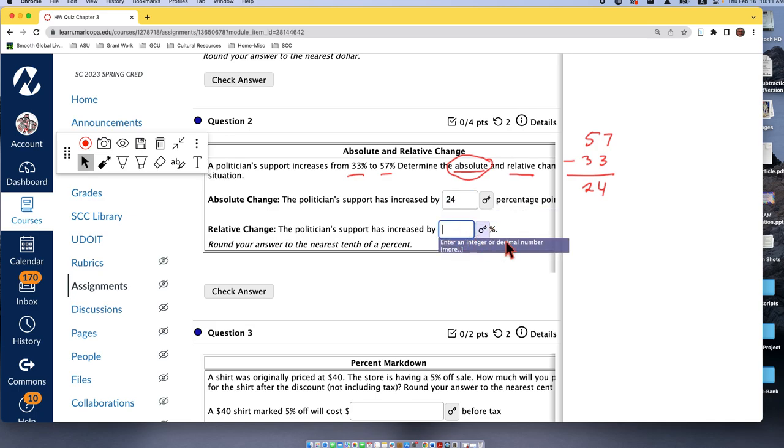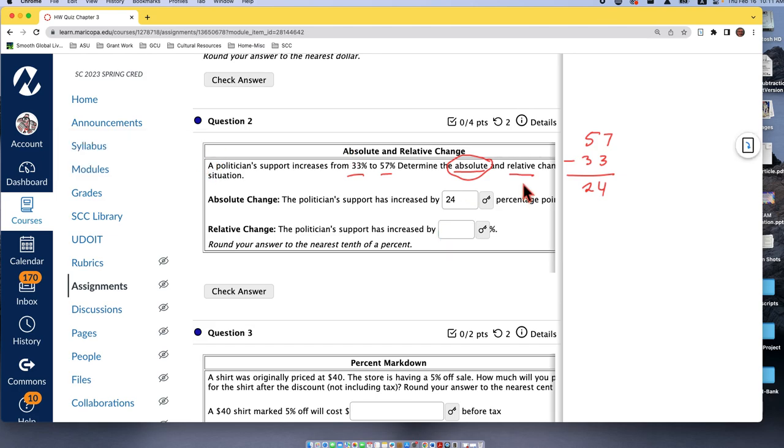But what about relative change? Relative change is, we kind of use this as the amount of change, but with relative change, it's a percent. I'll give you kind of a formula to remember.